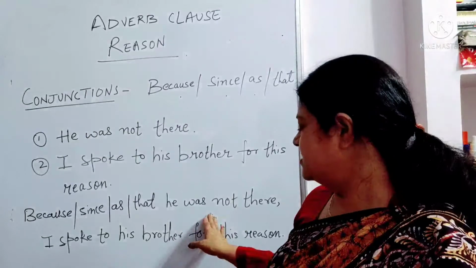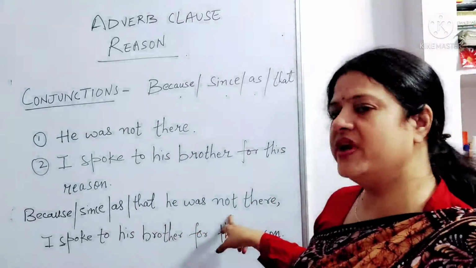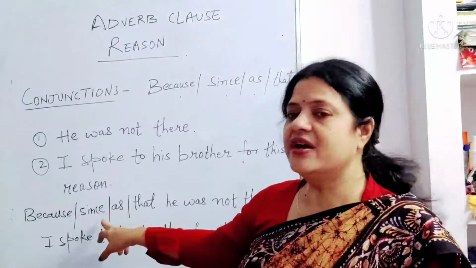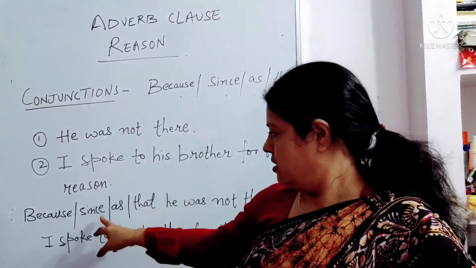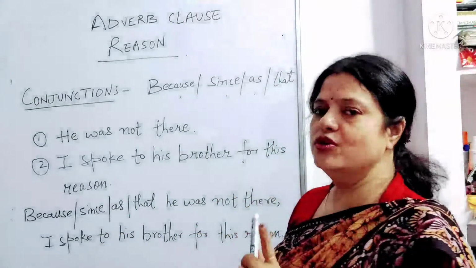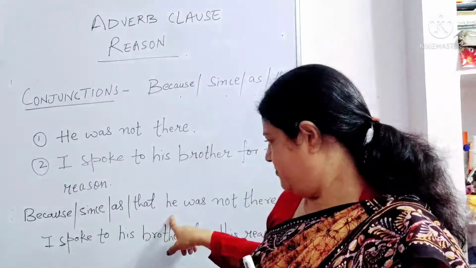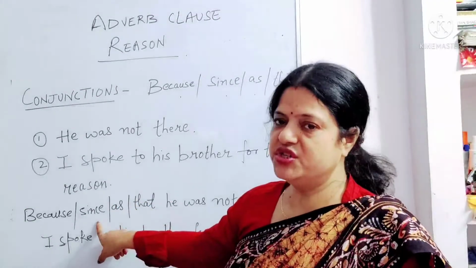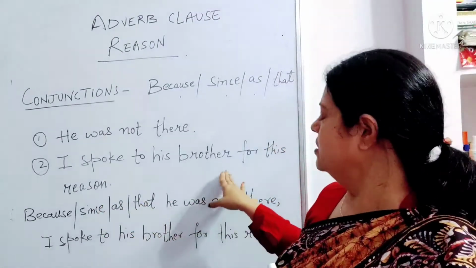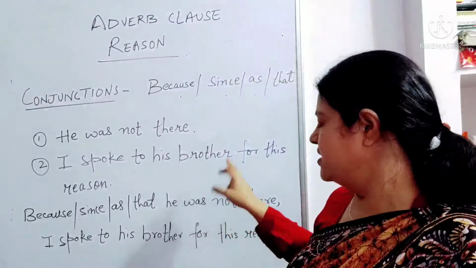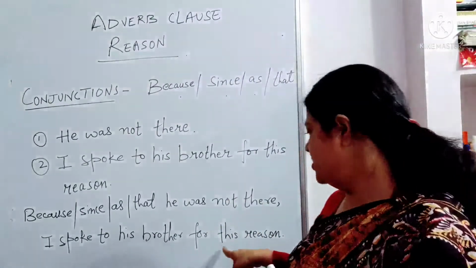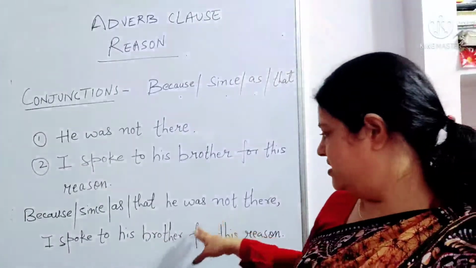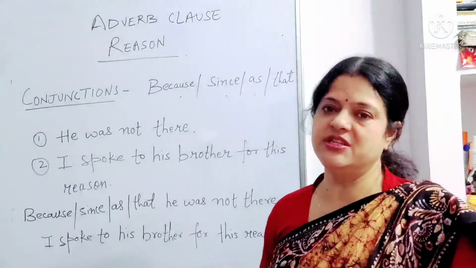In this complex sentence, the first part which is showing the reason and which started with this conjunction is called the subordinating adverb clause of reason. And "I spoke to his brother for this reason" is the principal clause.